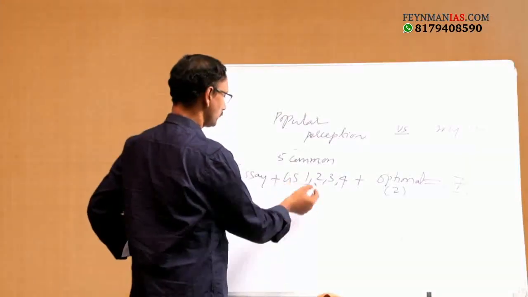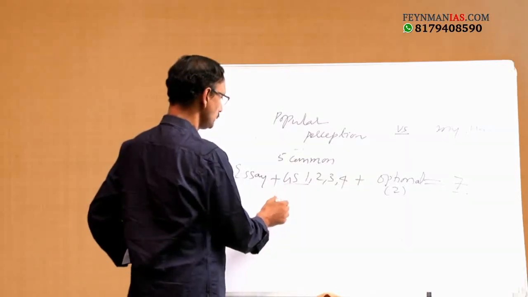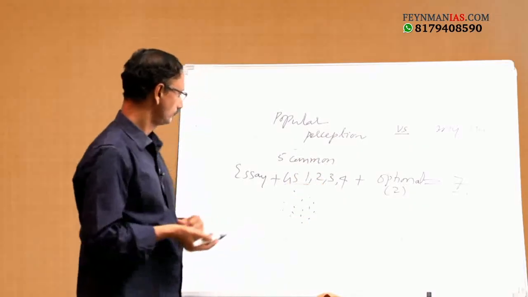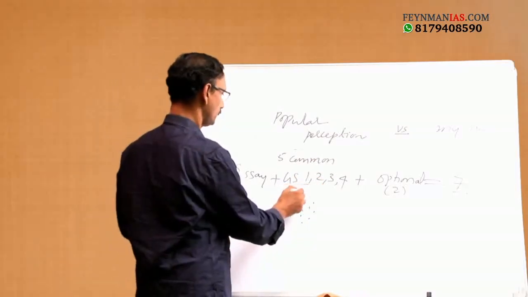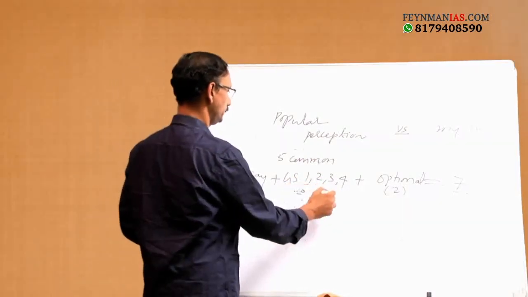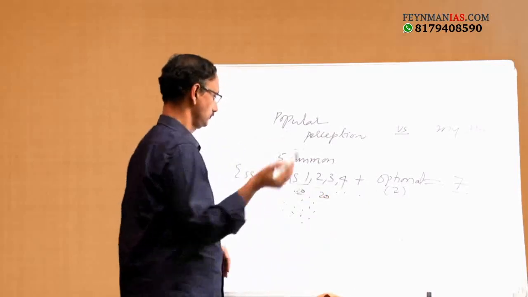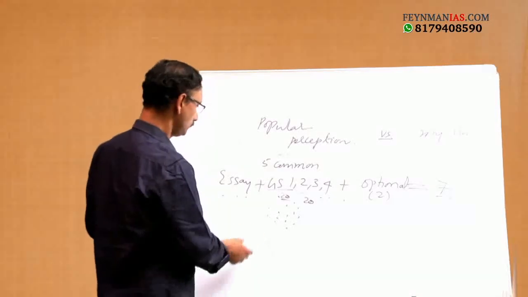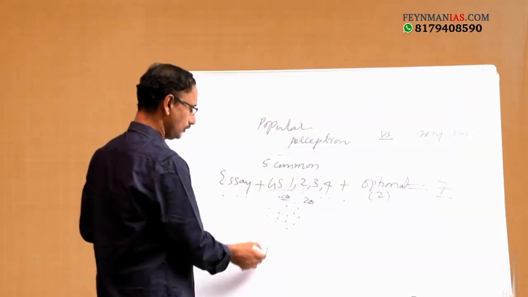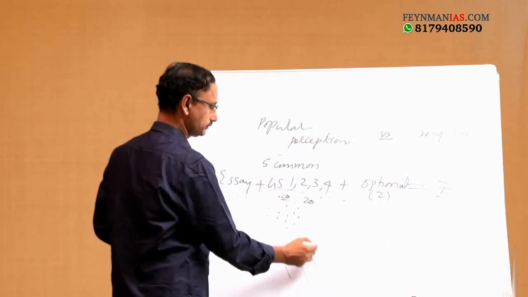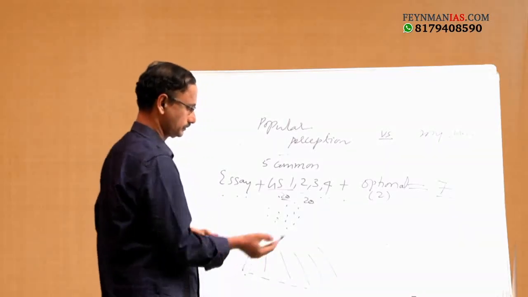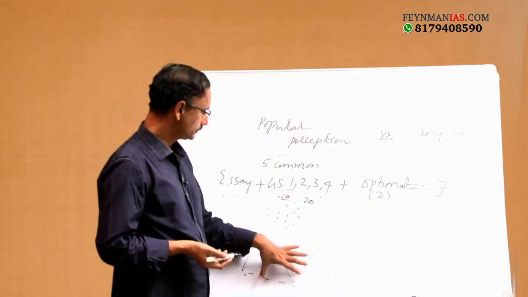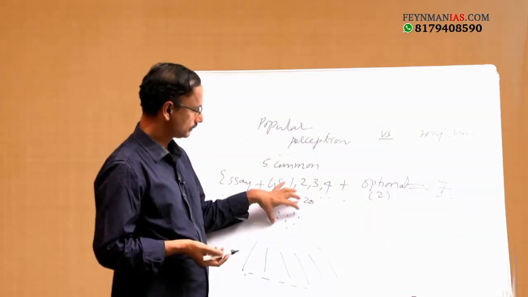In each paper, some questions are asked, say around 20. These 20 questions can come from so many possibilities, so many possible questions. Out of so many possible questions in GS1, some questions come.